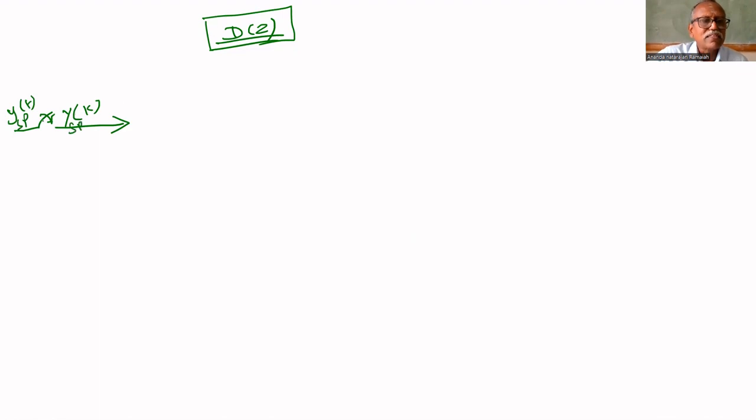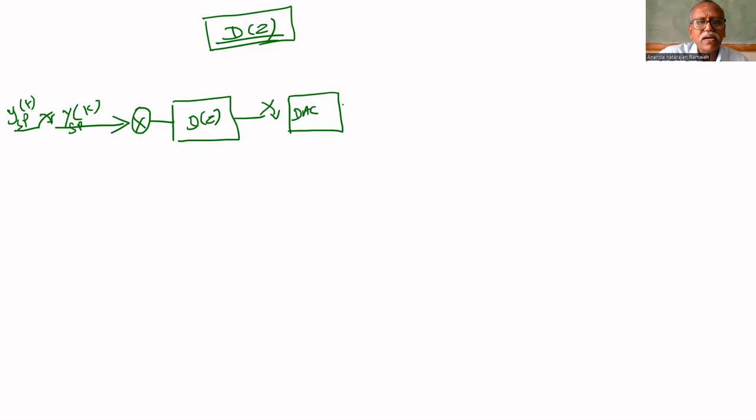After sampling, it becomes y set point of k. Then it is given to a digital controller D of Z. Its sample values are given to the DAC and hold circuit.